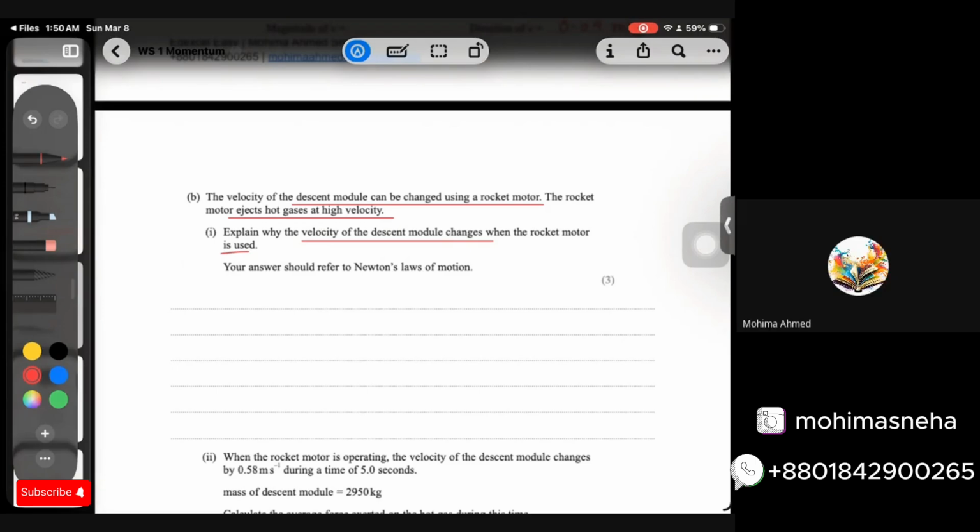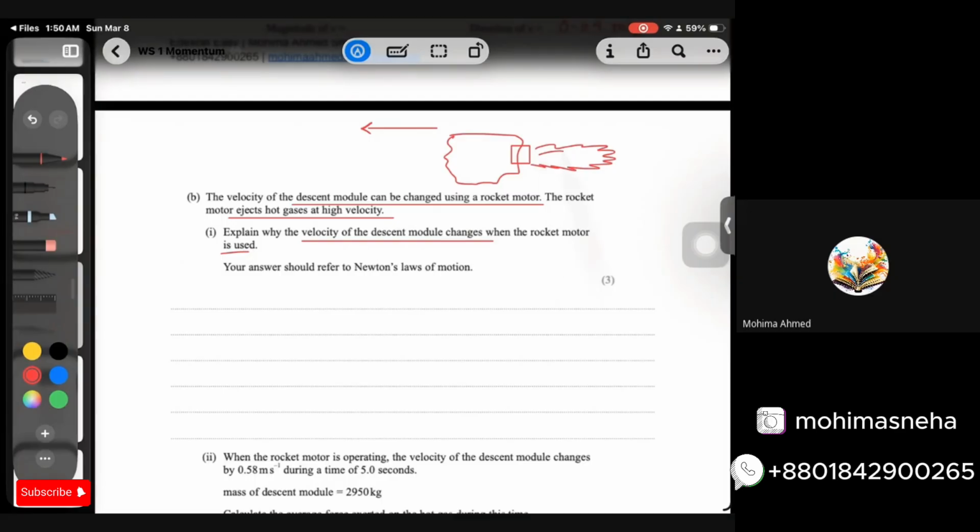First, try to identify, like draw a scenario of this. This is your descent module and this is your rocket over here. Let's say the descent module is supposed to travel in this direction. What is the rocket doing? It's going to eject hot gases at higher velocity in this direction.